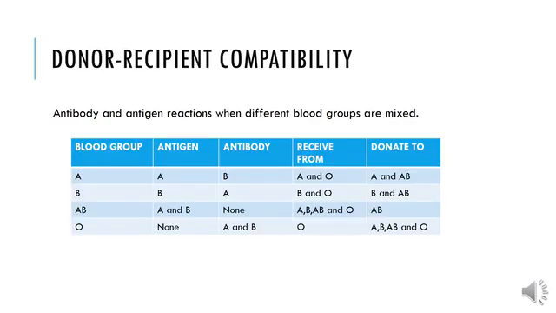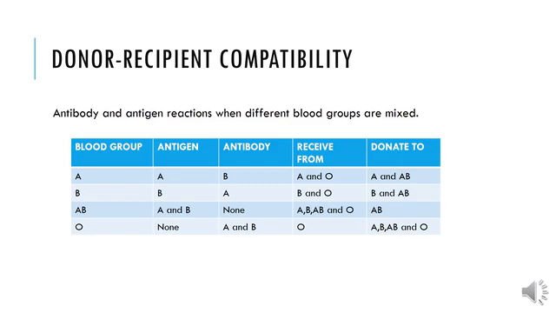Now let us look at donor-recipient compatibility. If you can remember from the previous slides, when we looked at blood transfusion, I happened to mention that the donor and recipient's blood needed to be compatible for a blood transfusion to be successful. So when we look at blood compatibility, we're basically looking at the capacity of a blood recipient to receive the donor's blood without leading to clumping or agglutination.